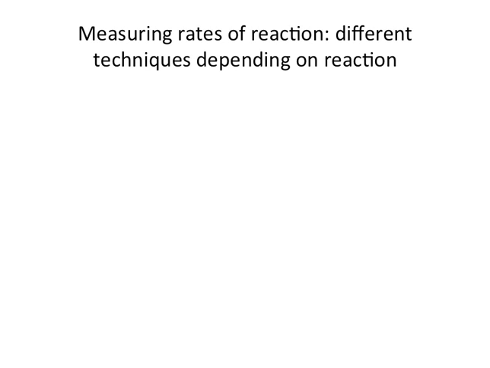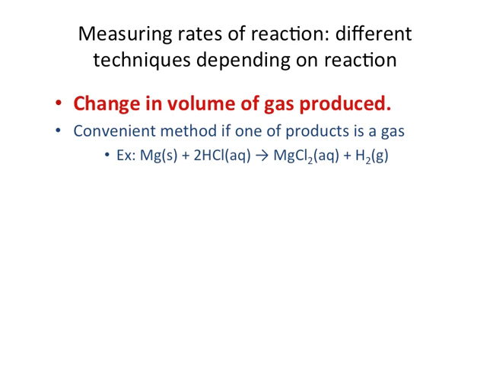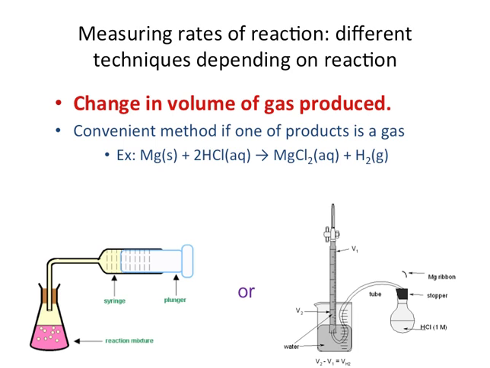All right, measuring rates. Different techniques depend on the reaction. We can measure a change in volume of the gas produced. Kind of obvious, you have to produce a gas. And you can do that one of two ways.